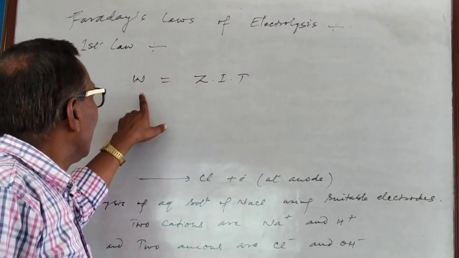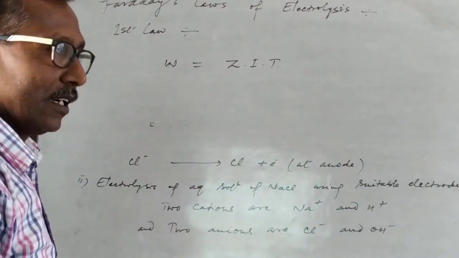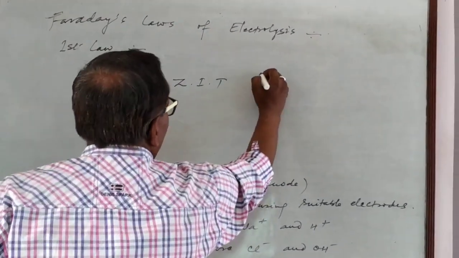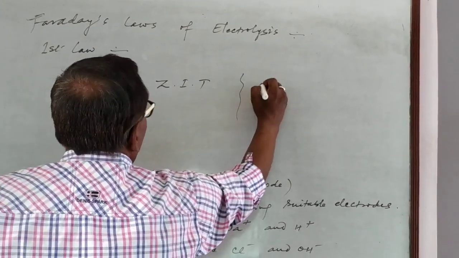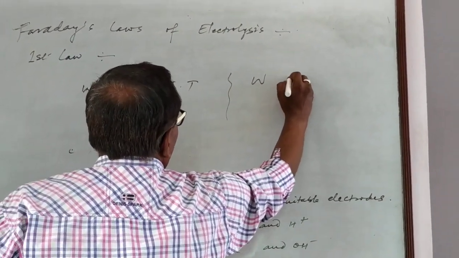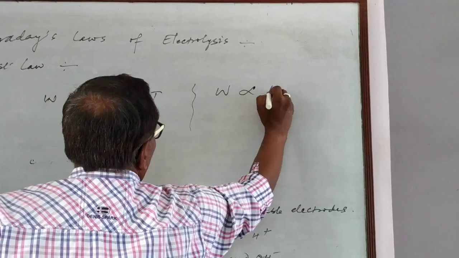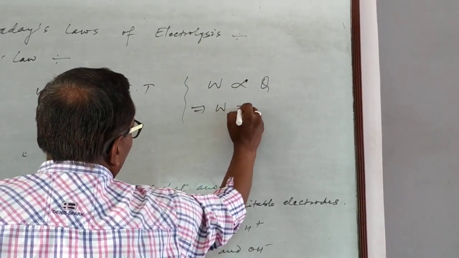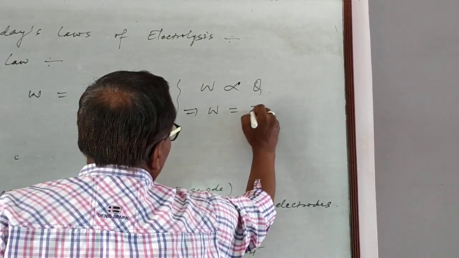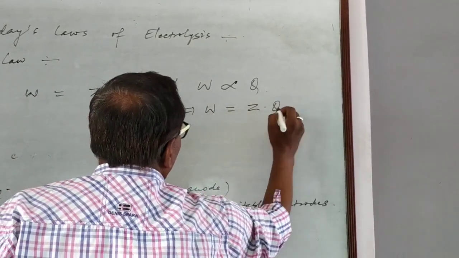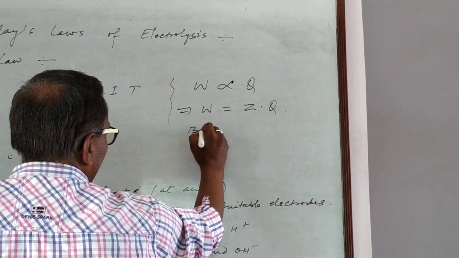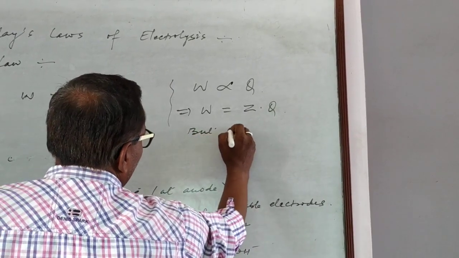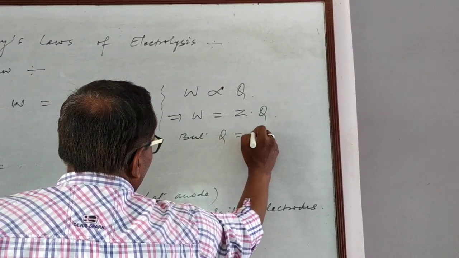In fact, this relation comes as W is directly proportional to Q, and W = ZQ, but Q = It.